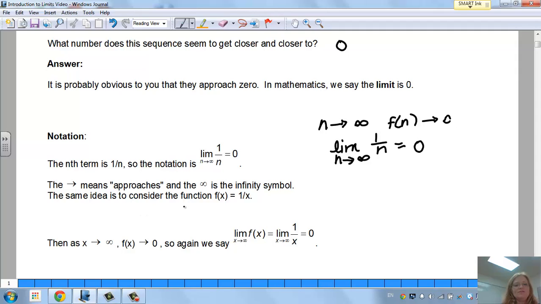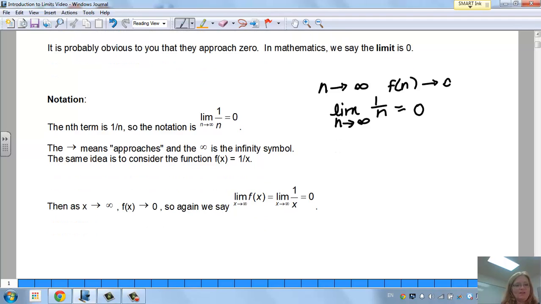The same idea is considered with the function f of x equals 1 over x. As x approaches infinity, f of x approaches 0, so we can again say the limit of 1 over x, because that's our function, as x approaches infinity equals 0. This is basically just notation. It's going to say limit, and here we always use our x's for direction.